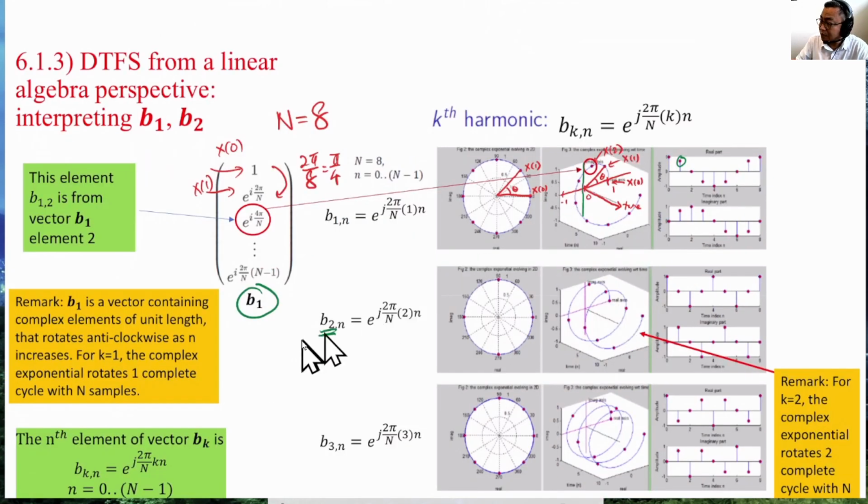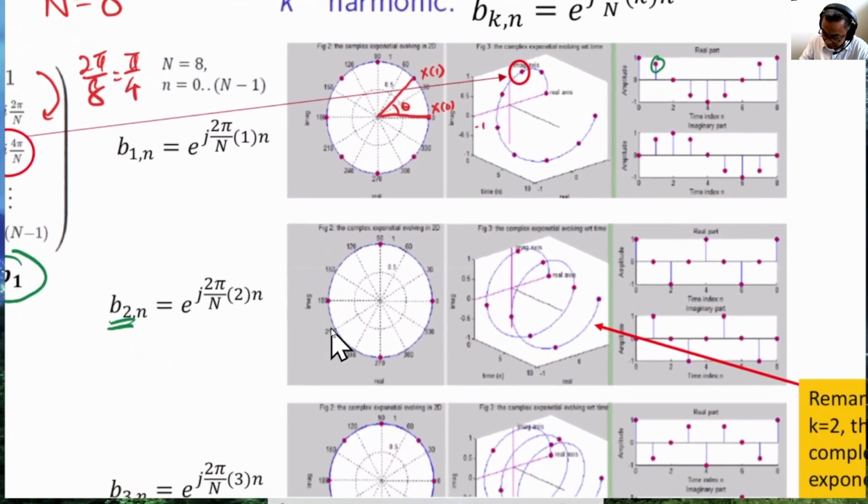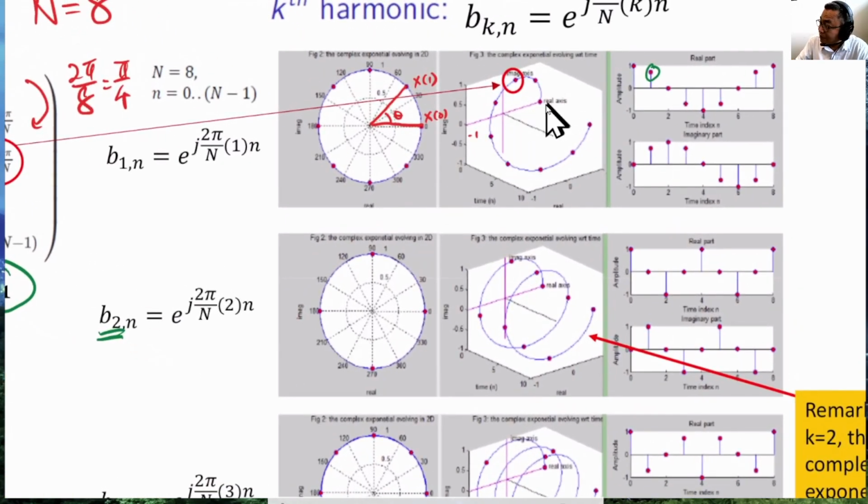Now let's think of what is B2. B2, as you know, is a complex exponential rotating 2 times faster than B1. So how do I know? You look at this. In 8 samples, B1 rotates 1 round. In 8 samples, B2 rotates 2 rounds. That's one way to look at it.